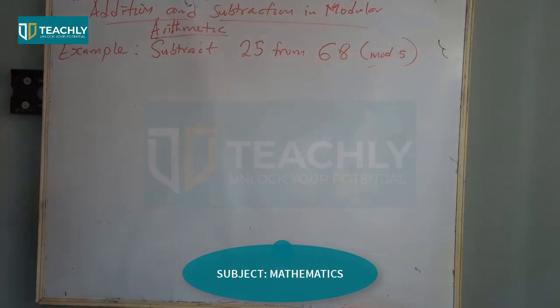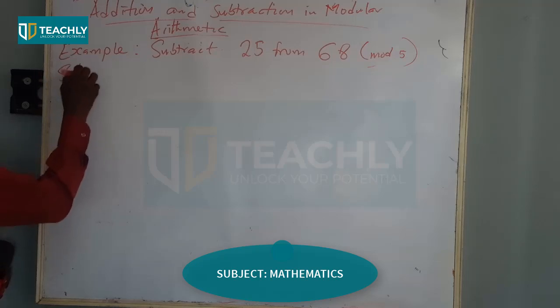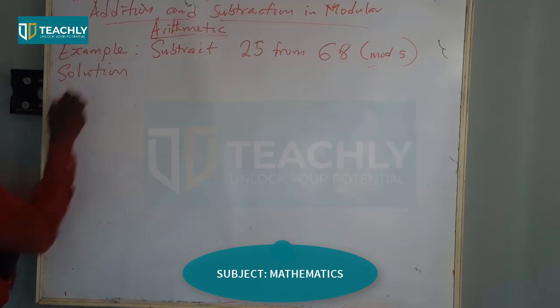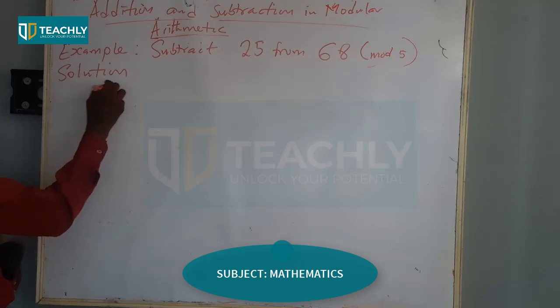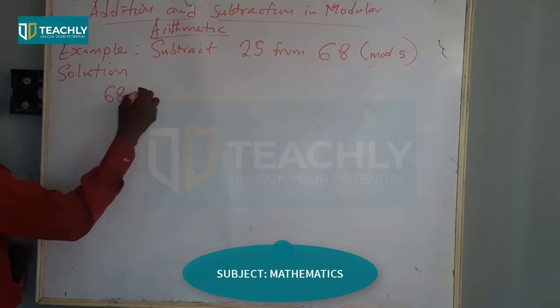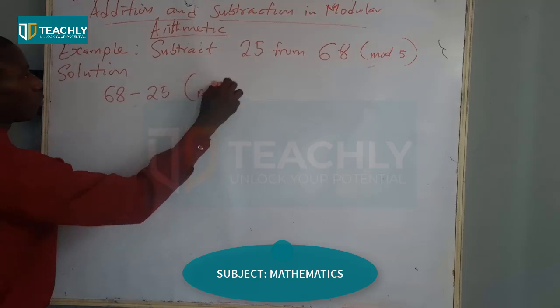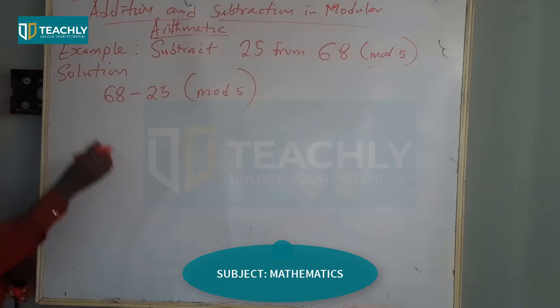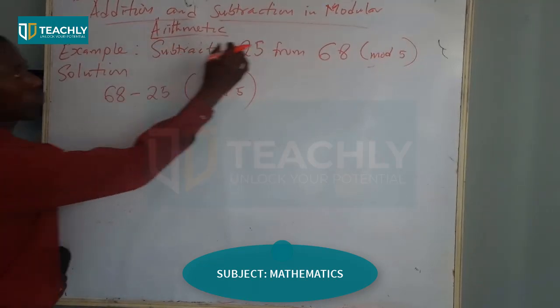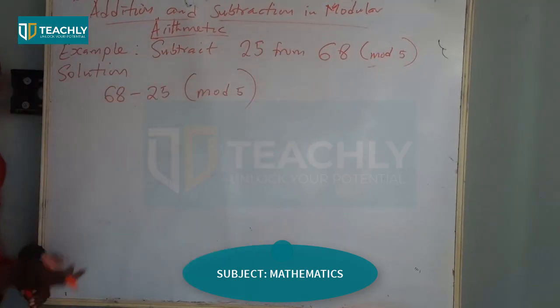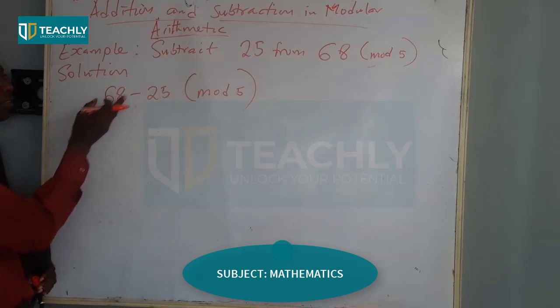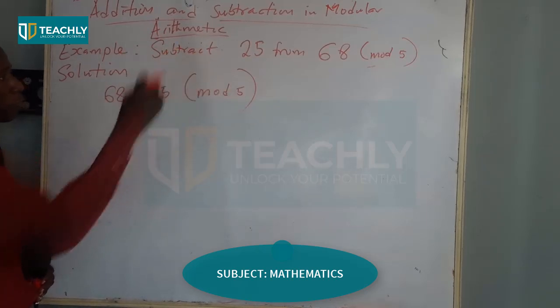So if I want to subtract 25 from 68 in modulo 5, it's the same as 68 minus 25 in modulo 5. So you say subtract 25 from 68, and you can express it like this: 68 minus 25 modulo 5.